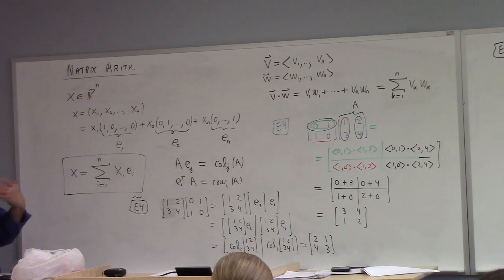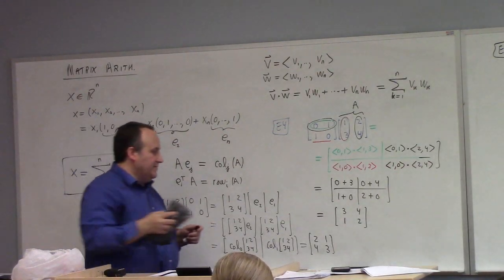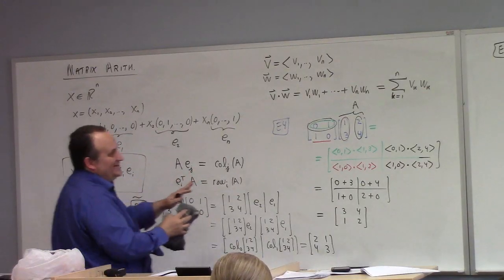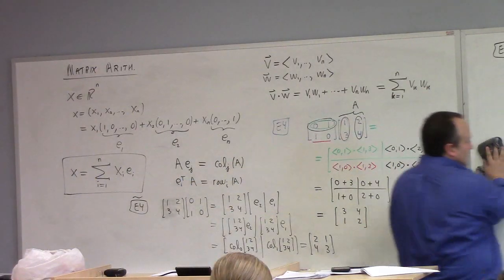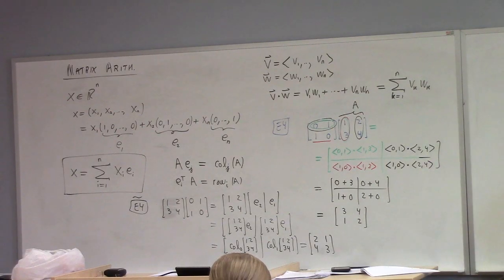Guess what? There's also a row by row multiplication rule as well. What's the row by row multiplication rule?